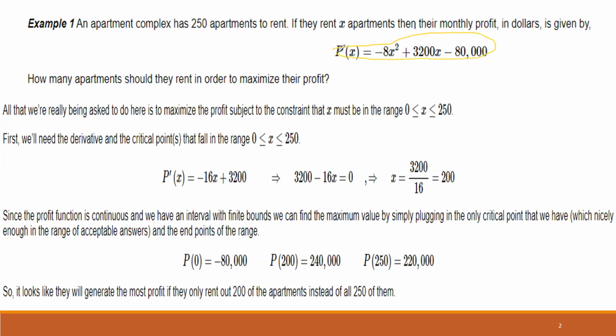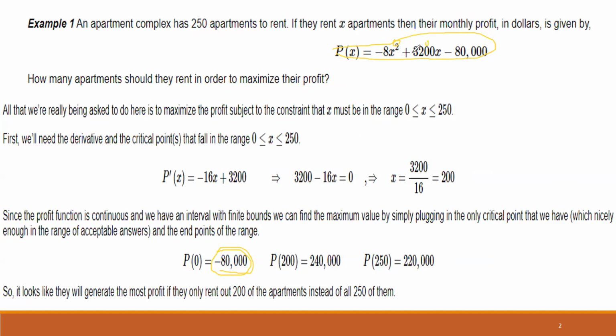If you are to rent out 0 apartments, it simply means that wherever you see x, you put 0. You end up having -80,000, which is a negative value, meaning we are running at a loss. Maybe it costs them 80,000 to maintain these apartments.